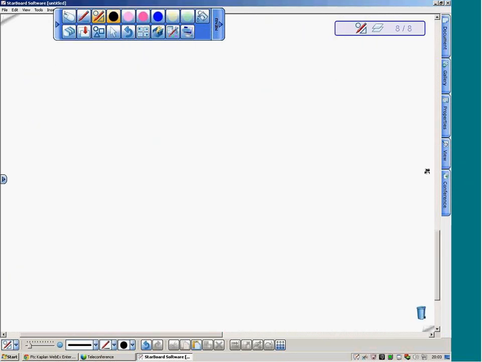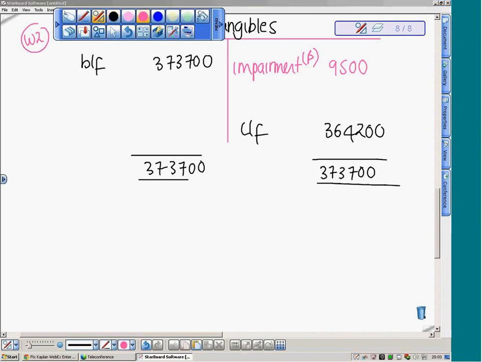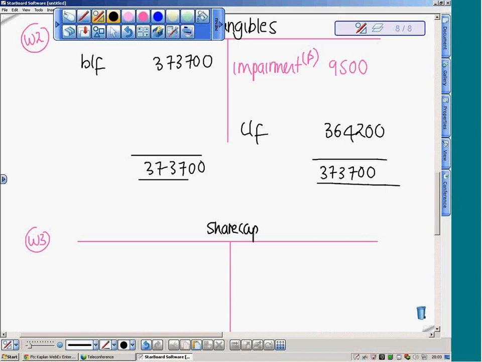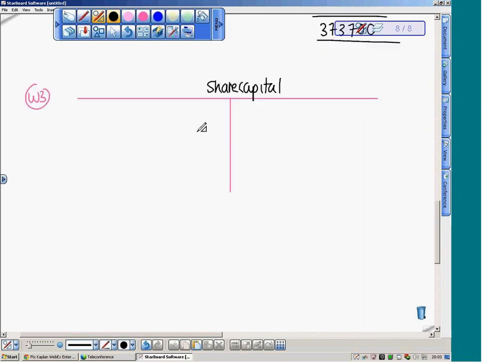Okay, so go back to my workings. I produce a working 3 for my share capital. Okay, and so I'm going to plug in a share premium account.